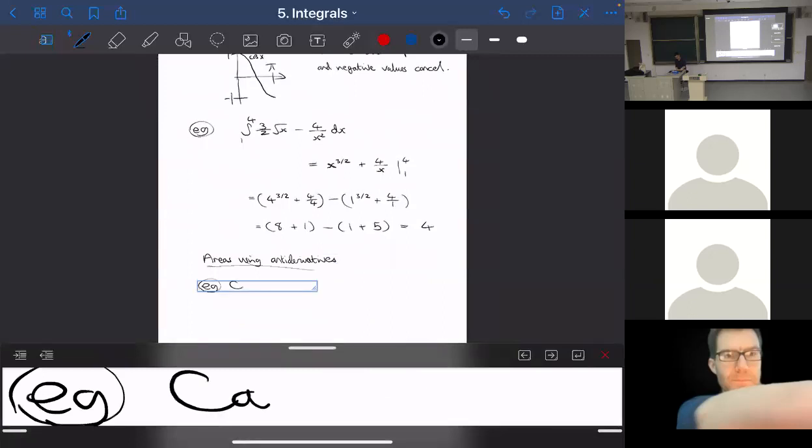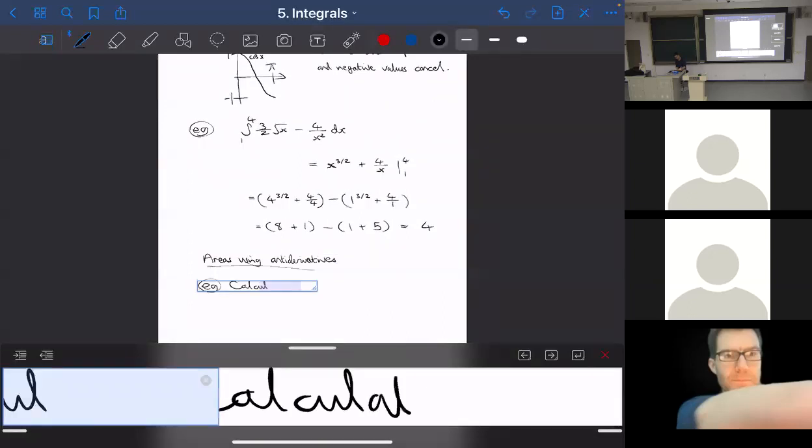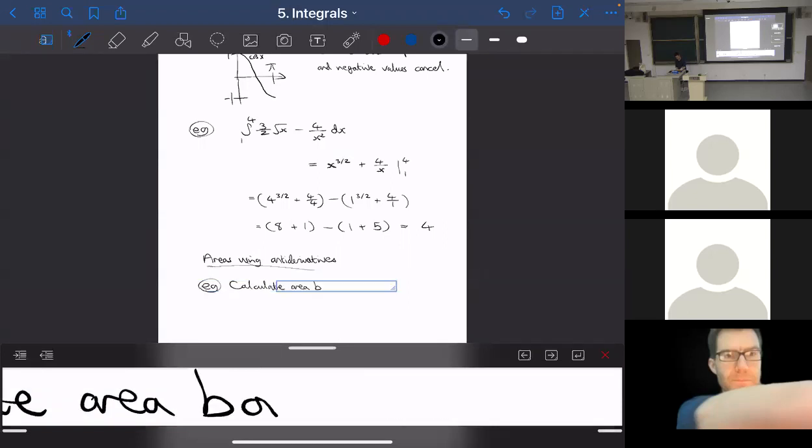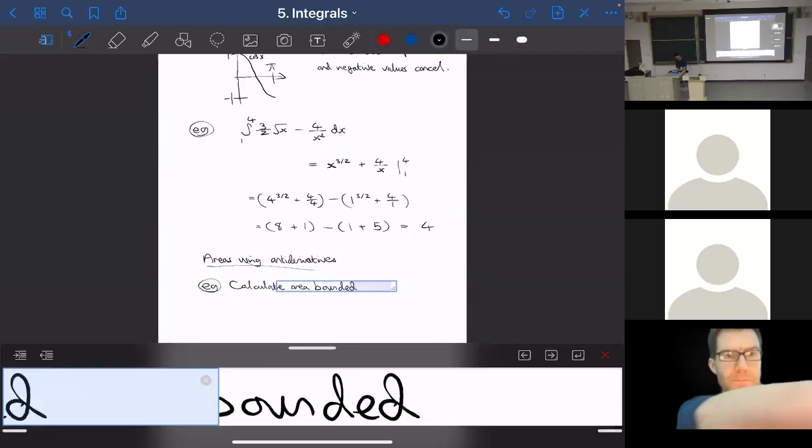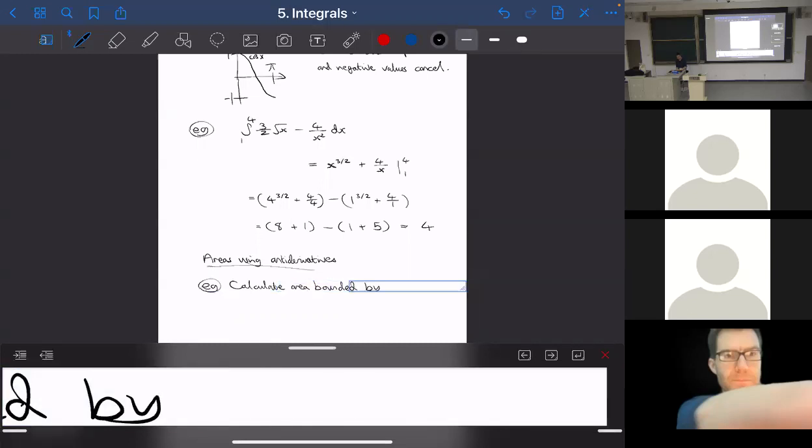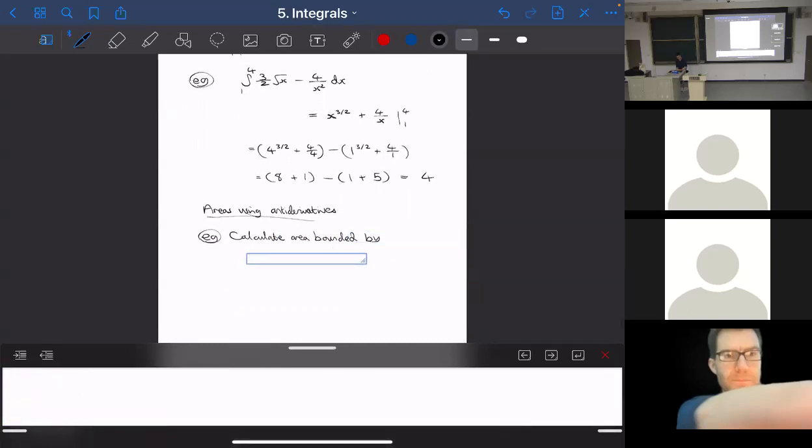So for example, calculate the area bounded by the graph of y equals 6 minus x squared and the x-axis.